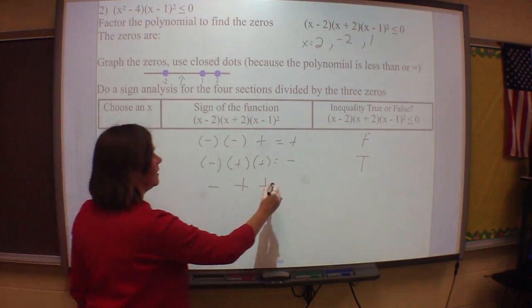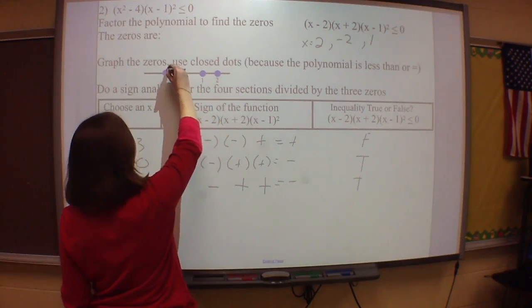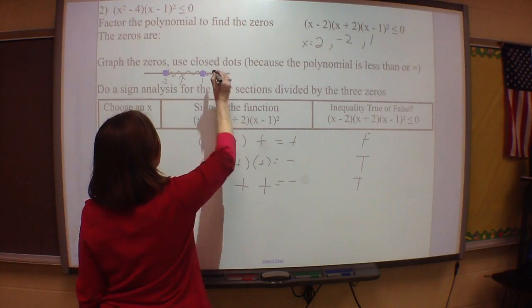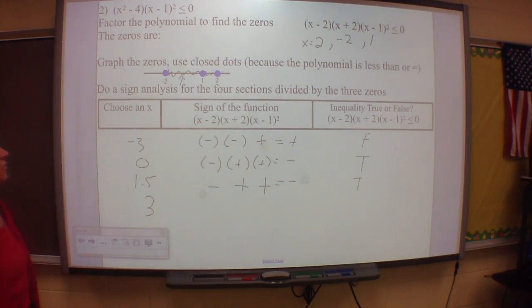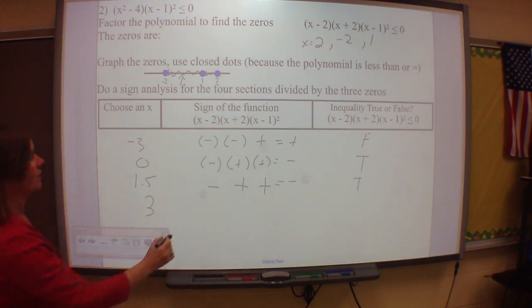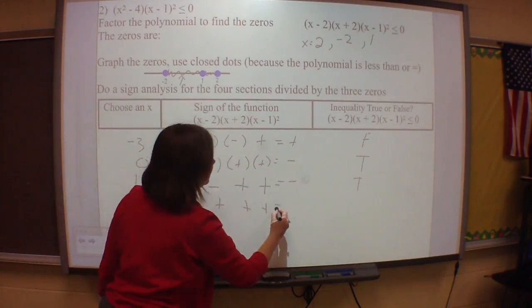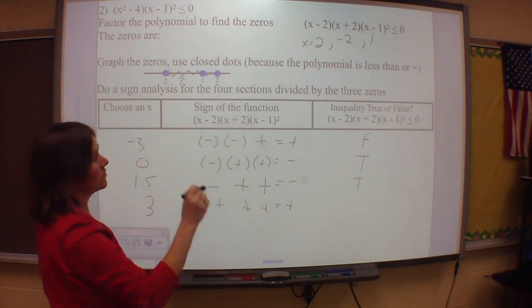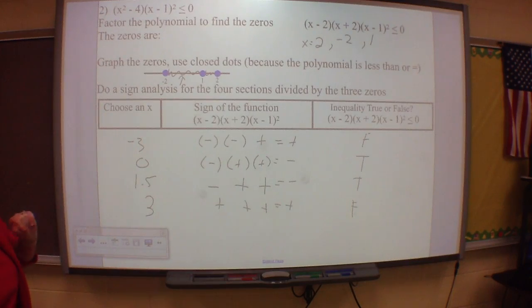That gives me a negative. That's also true. What about something greater than 2? Let's say 3. Plug in a 3. Positive, positive, positive. Is a positive less than or equal to 0? That's false. So here is a graph of my solution.